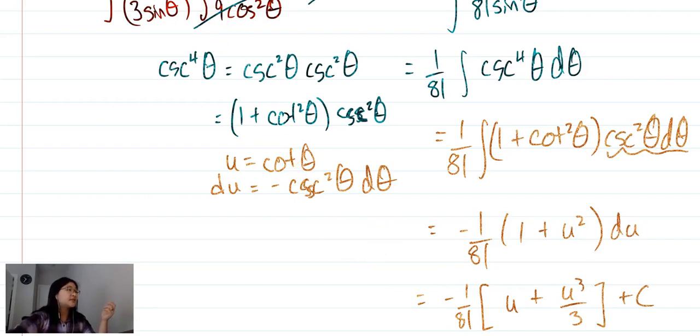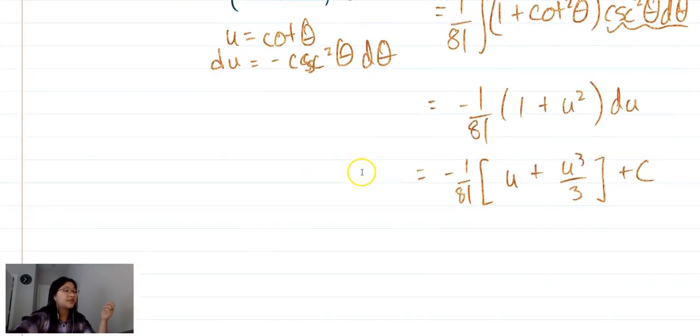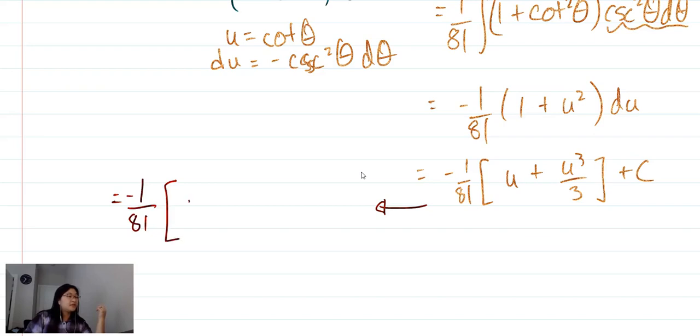So then going back to here, we get negative 1 over 81 times u, which is cotangent theta, plus cotangent cubed theta over 3 plus c.